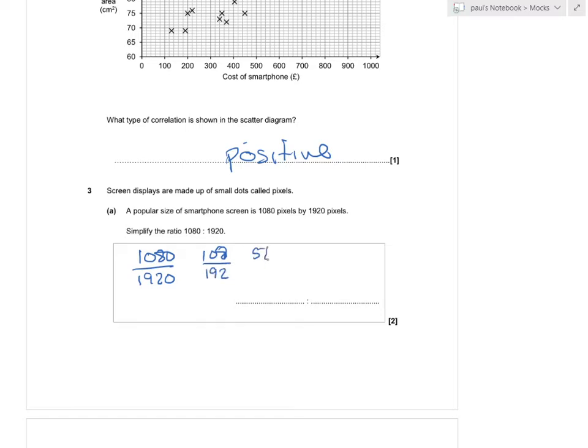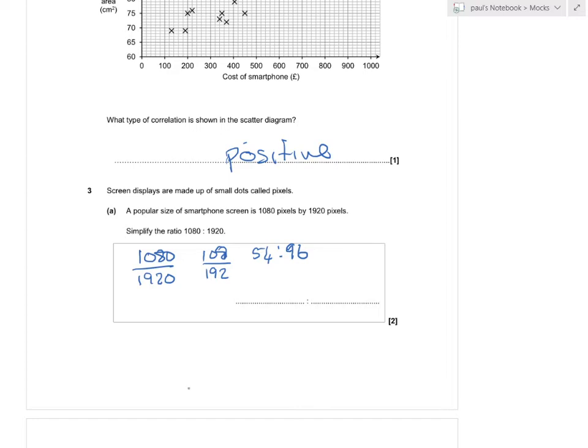So 54. Halve that, 192 divided by 2 is 96. I wonder if 9's going to that, so let's do 96 divided by 9.